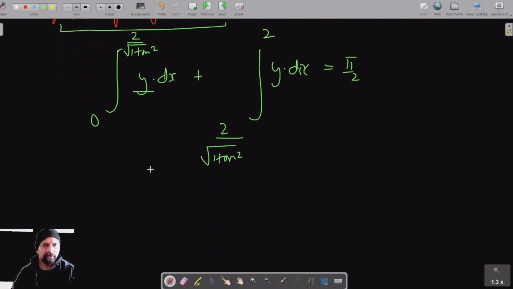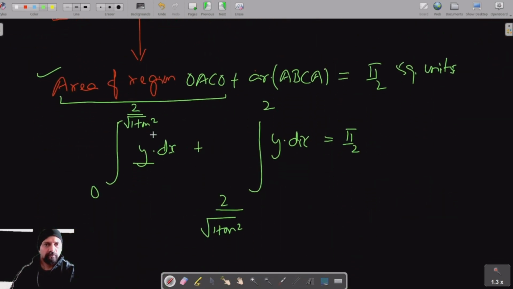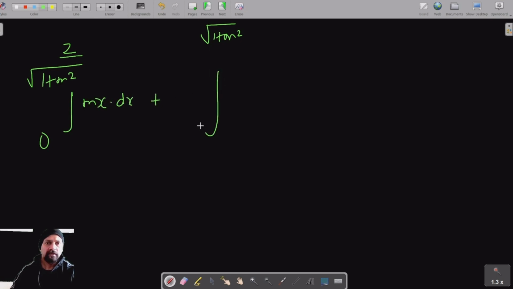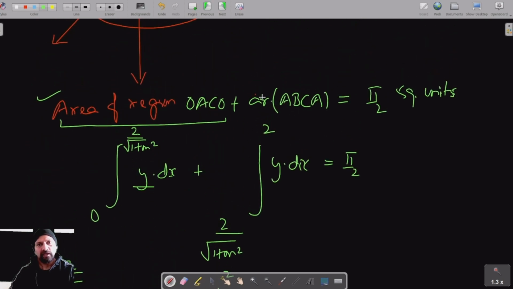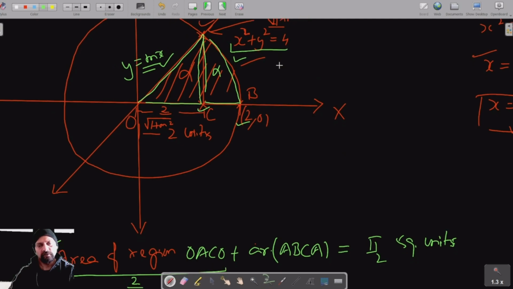Now we have to put the respective values of y. This region is under the curve y is equal to mx, so the limits are 0 to 2 upon under root of 1 plus m square, of mx into dx, plus from 2 upon under root 1 plus m square to 2, where the region is under the curve that is the equation of the circle.